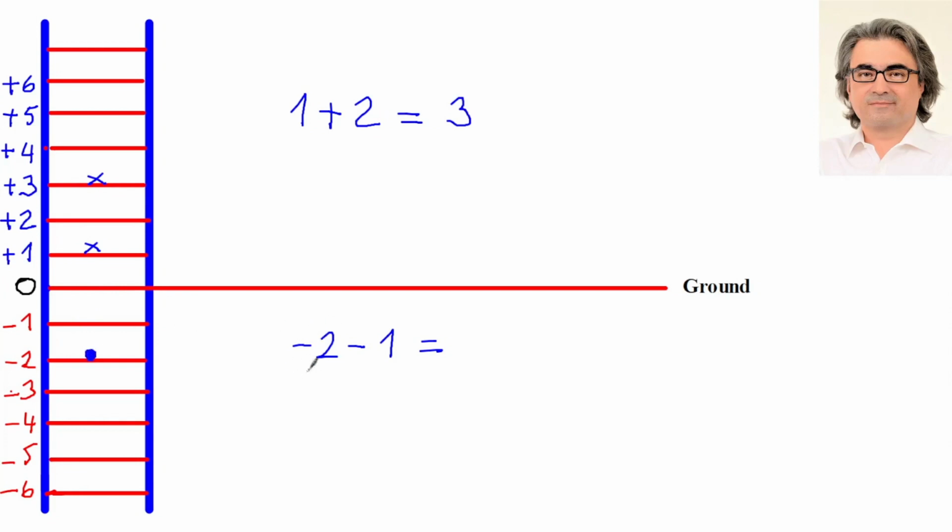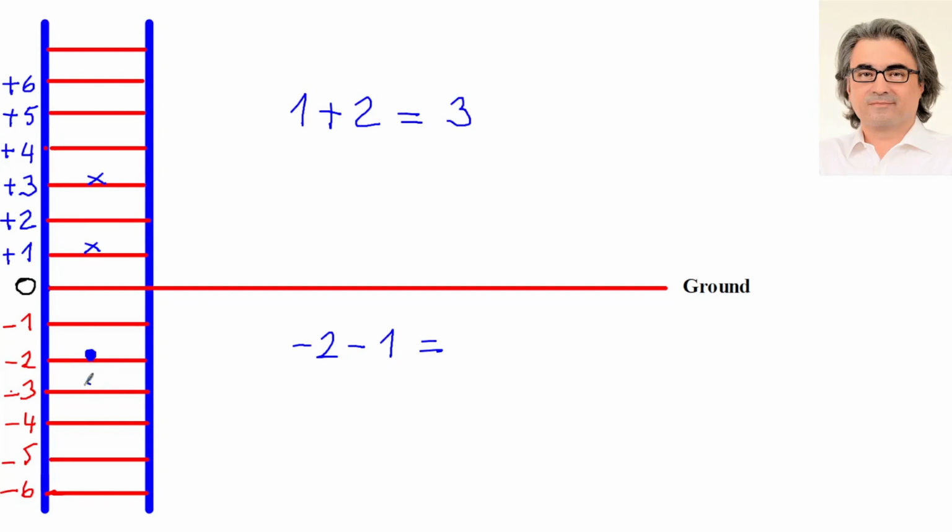After minus 2, the next number is minus 1. The meaning of minus 1 is to go down 1 step from where you are, your last position. Last position is here. And I will count from this position 1 step downward.